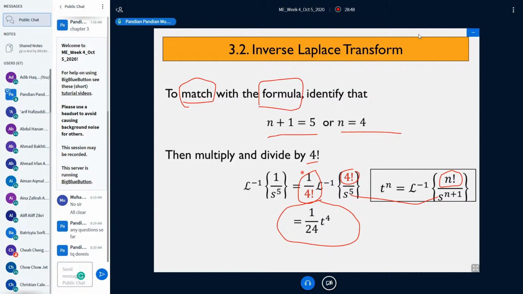You put 4 factorial divided by s power 5, with 1 over 4 factorial outside. So the 4 factorial cancels off, and it is still 1 over s power 5. But you put 4 factorial in order to match. This is called matching.